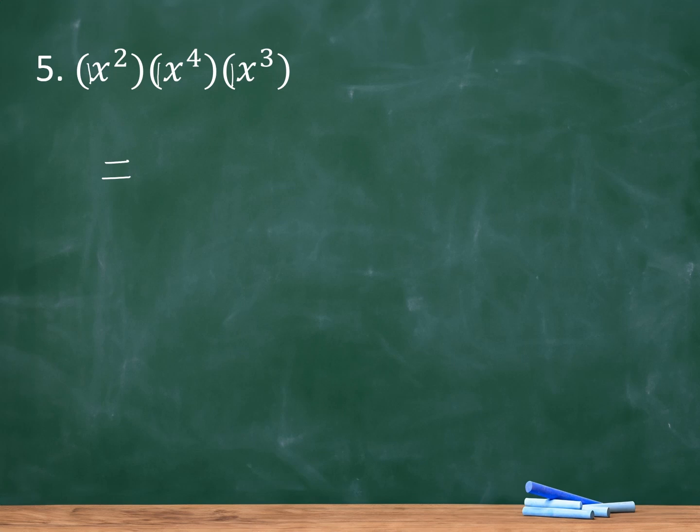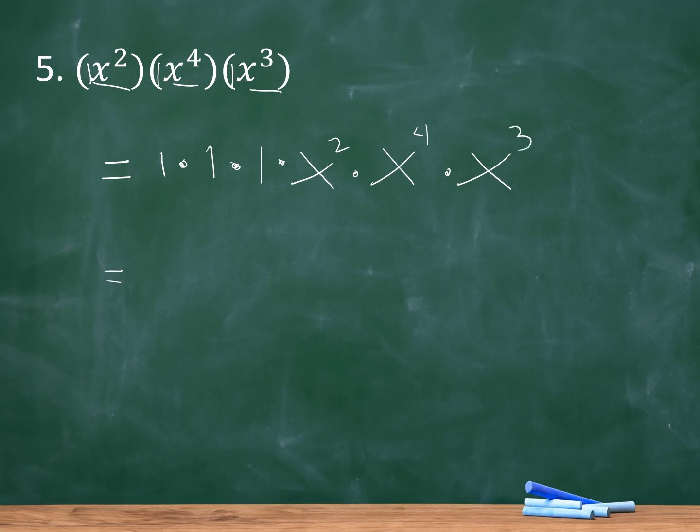So it's gonna be 1 times 1 times 1 times 1, times, you can think of this as x squared times x to the power of 4 times x to the power of 3.